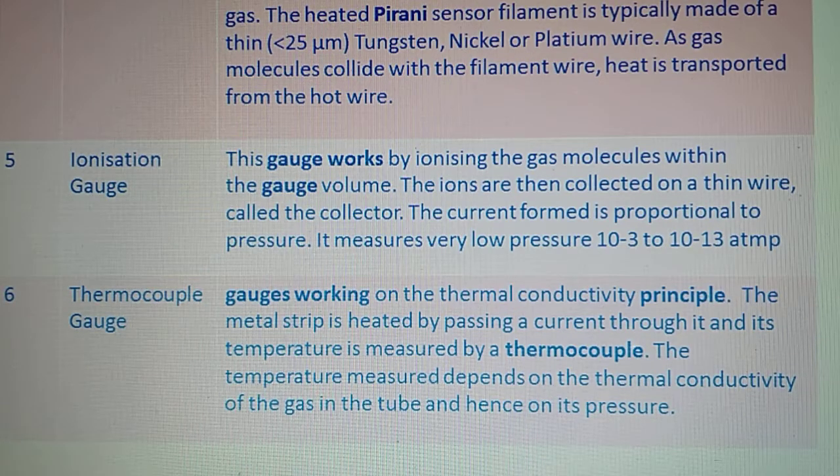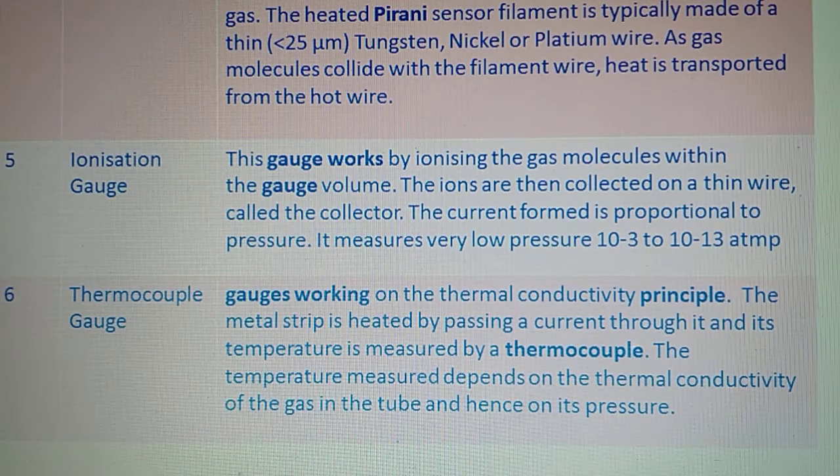The heated Pirani sensor filament is typically made of a thin, less than 25 micrometer, tungsten, nickel or platinum wire. When a gas molecule collides with the filament wire, heat is transported from the hot wire. So this is the operating principle of the Pirani gauge.